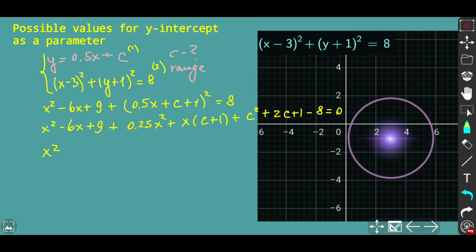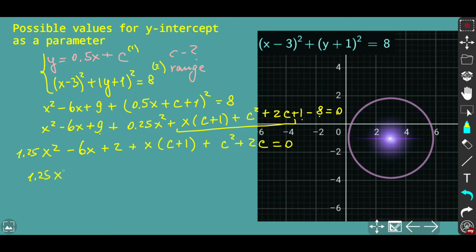And here I will have 1.25x squared. Then I will have minus 6x. So 9 minus 8 is going to be 1, plus 1 is going to be 2. So I'll get plus 2. Next, I'll stay with this part. So it's going to be x(c + 1) plus c squared plus 2c equals 0. Finally, I'm just going to simplify and write 1.25x squared.